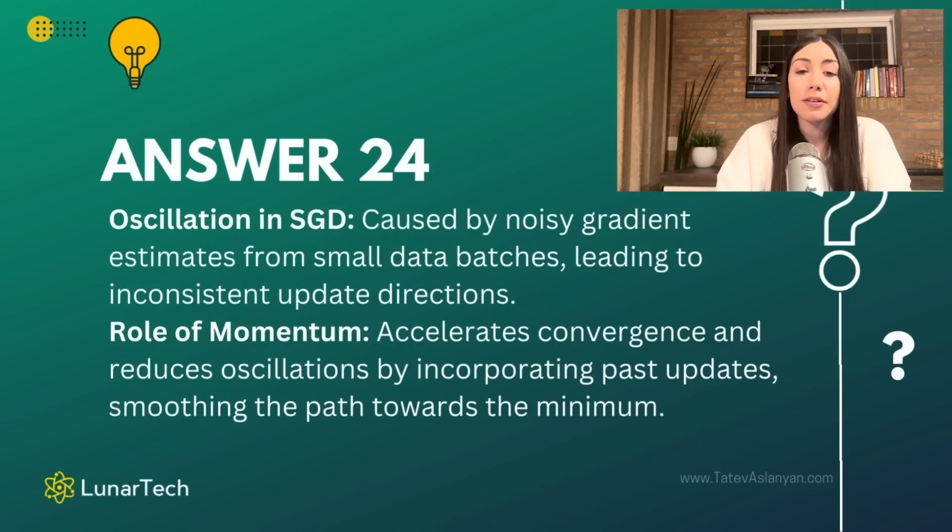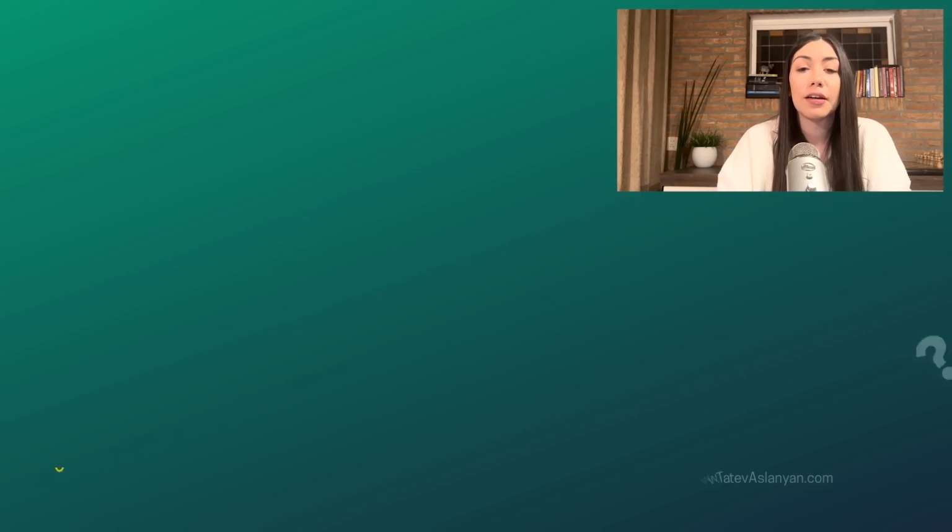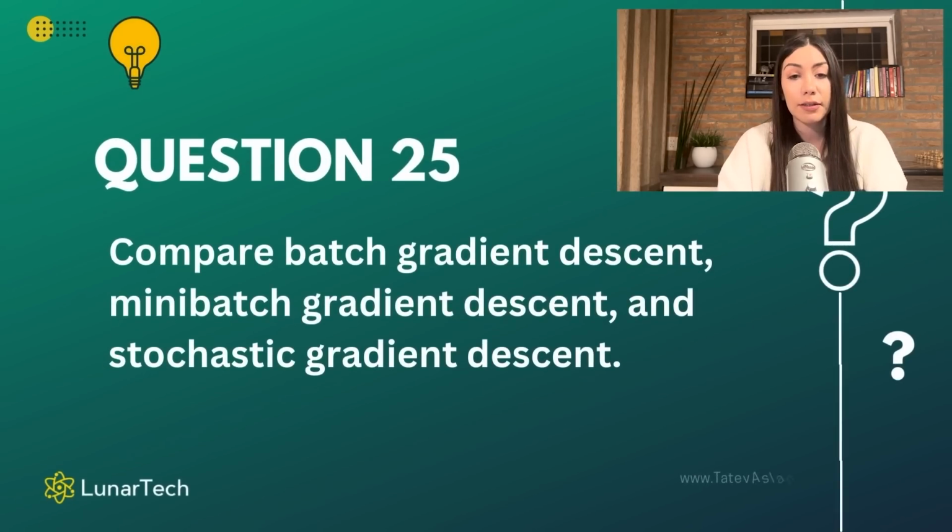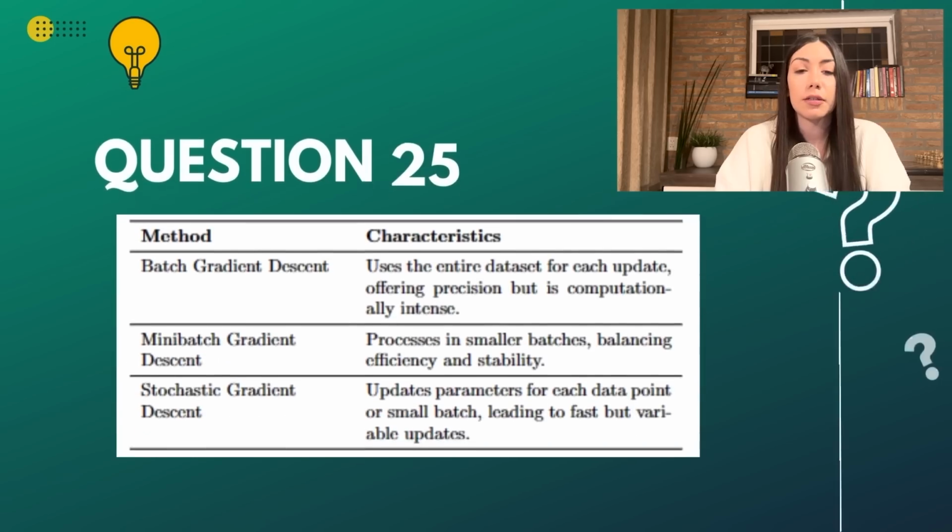The next question is: compare batch gradient descent to mini-batch gradient descent and to stochastic gradient descent. So here we have three different versions of the gradient descent algorithm. The traditional batch gradient descent, often referred to as GD simply.